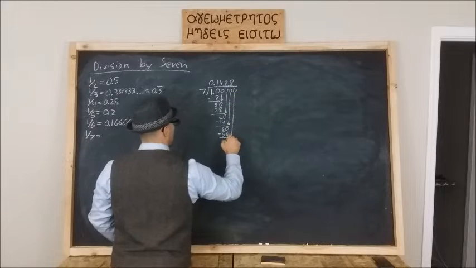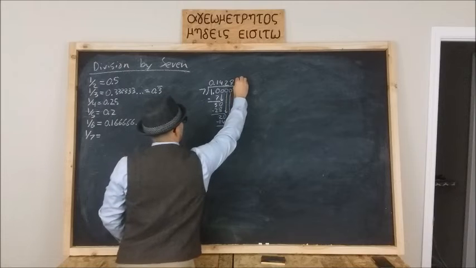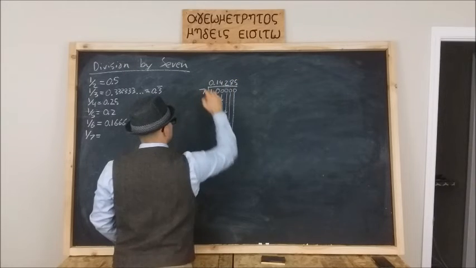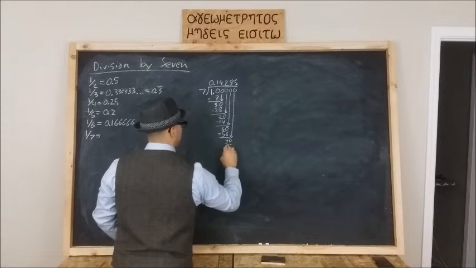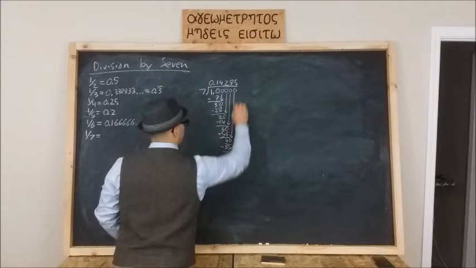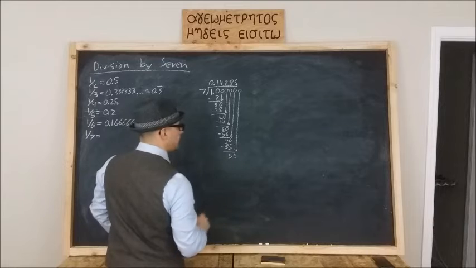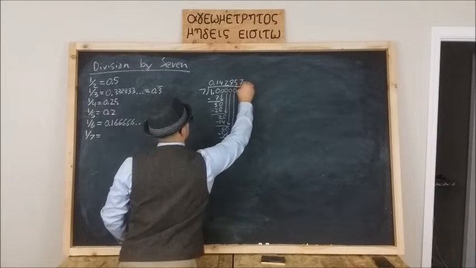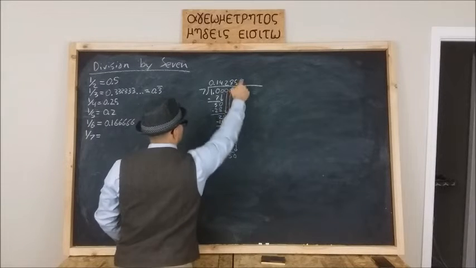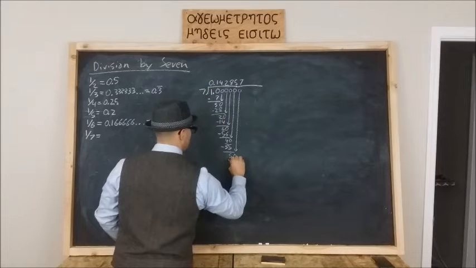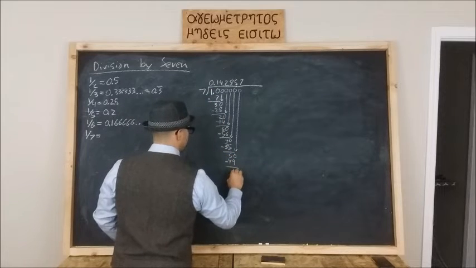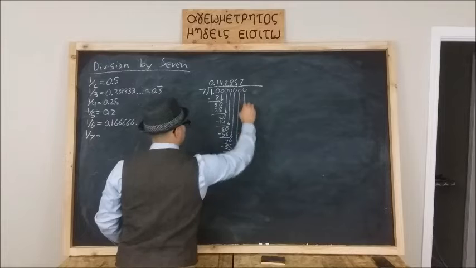Bring down a 0. 7 goes into 40 5 times. 5 times 7 is 35. Subtract, I get a 5. Bring down a 0. 7 goes into 50 7 times. 7 times 7 is 49. Subtract, I'm left with 1. Bring down the 0.